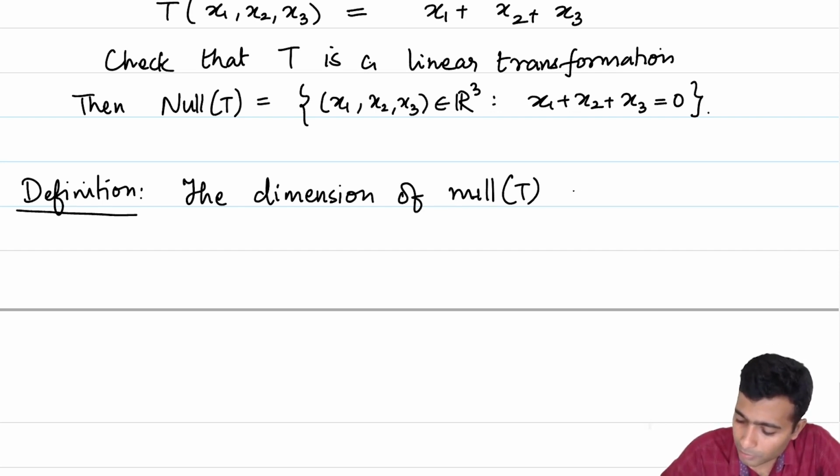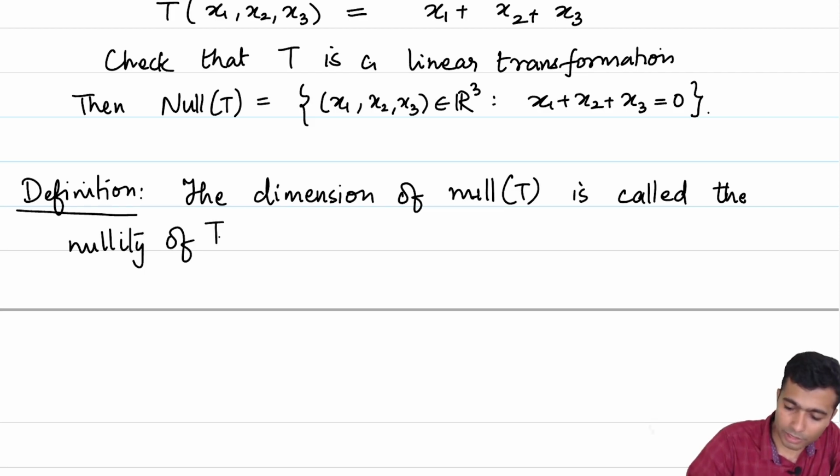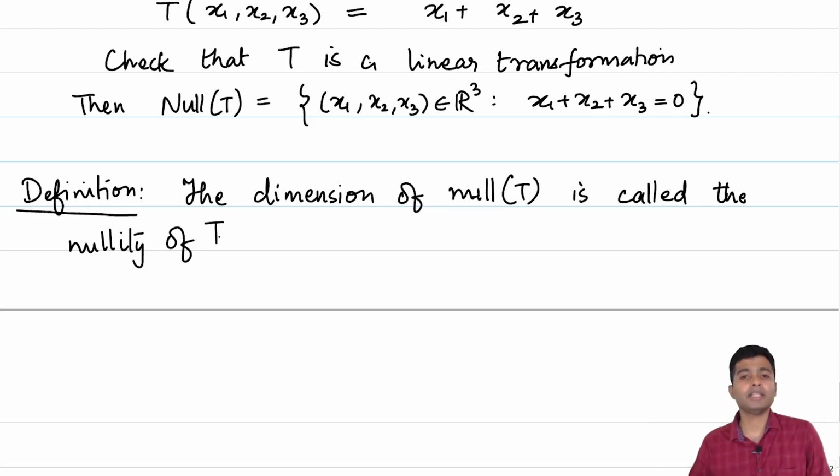So the dimension of the null space of T is called the nullity of T.